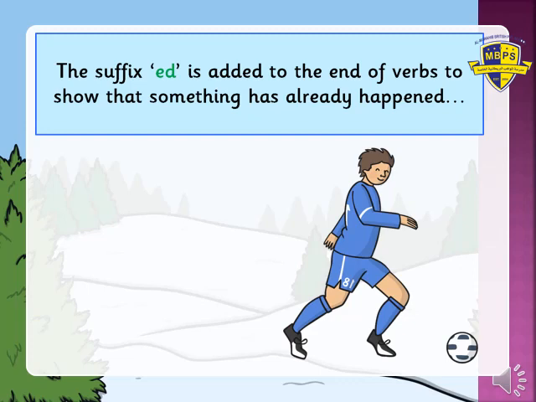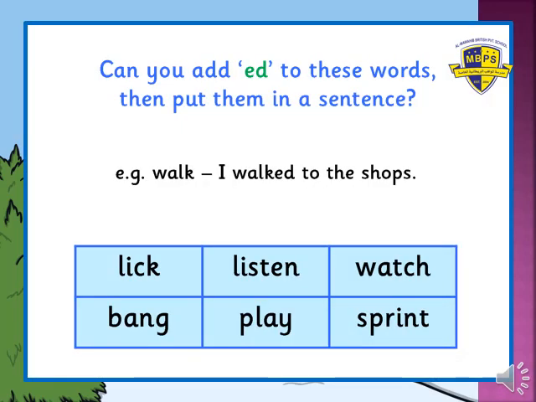Here next we have the suffix ed is added to the end of the verbs to show that something has already happened. Can you add ed to these words, then put them in a sentence? For example, walk. Walk is a root word, and we need to add the suffix ed to the root word.